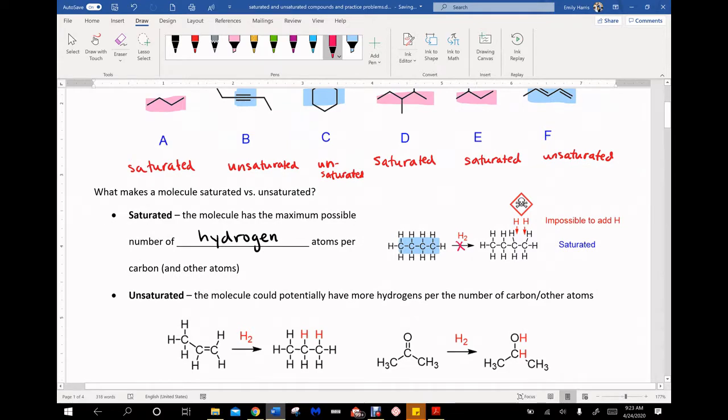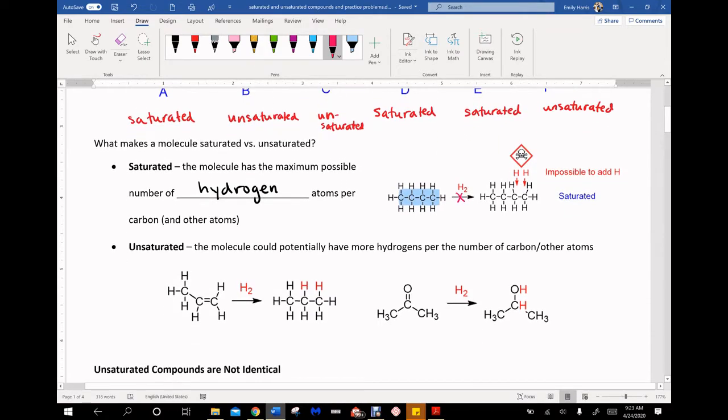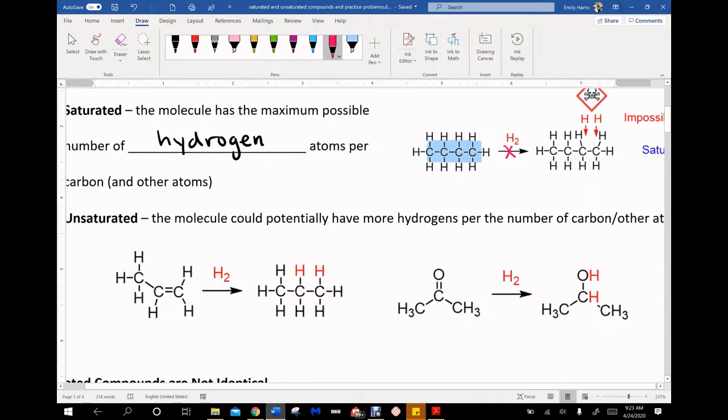On the flip side, an unsaturated compound is where the molecule has less than the maximum amount of hydrogen. And so you could potentially add in more hydrogens per the number of carbon or other atoms. We've got 2 examples here.